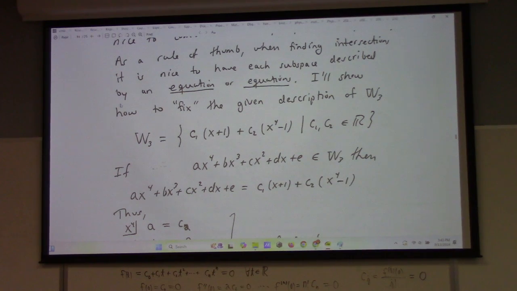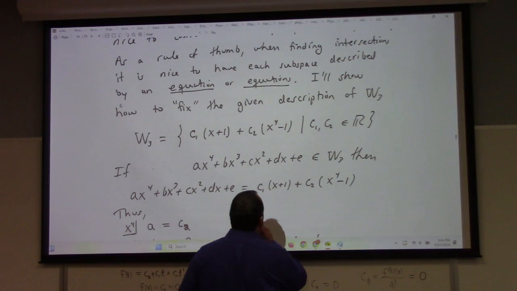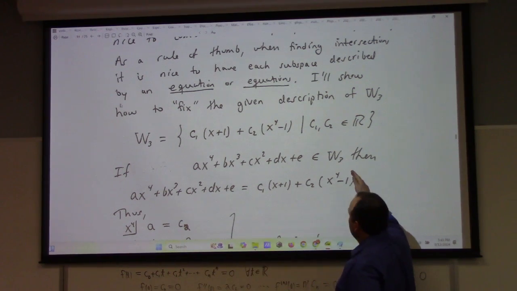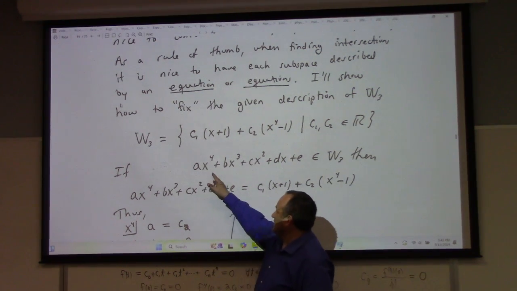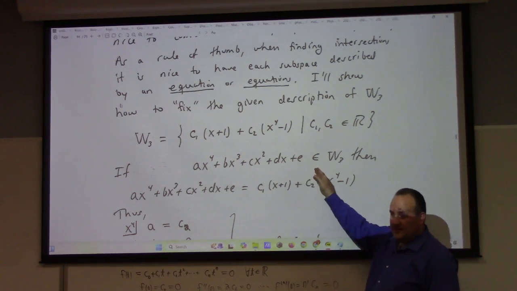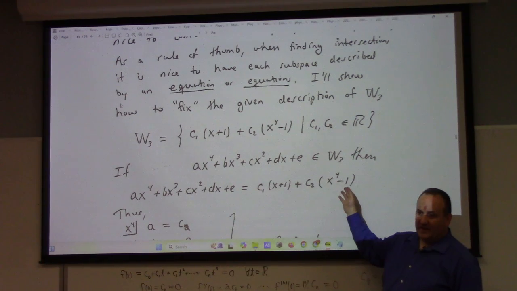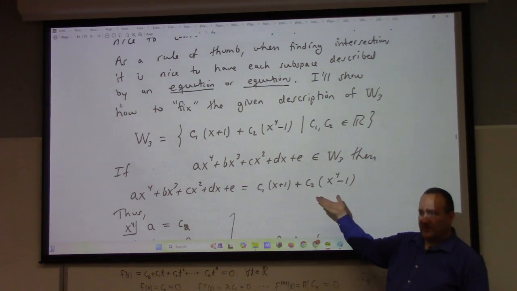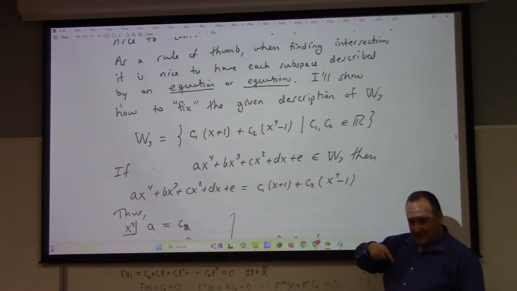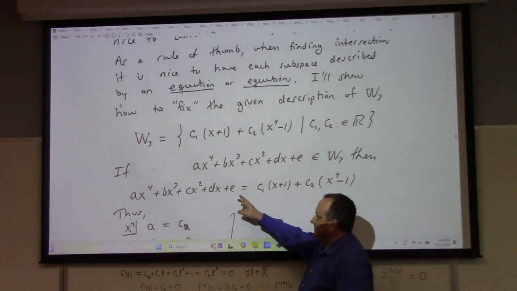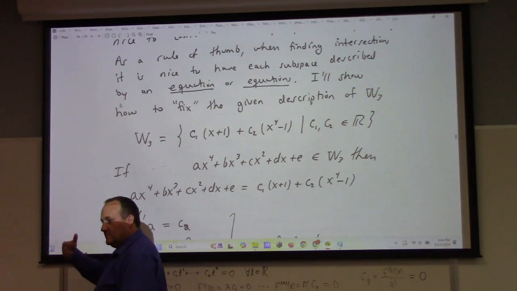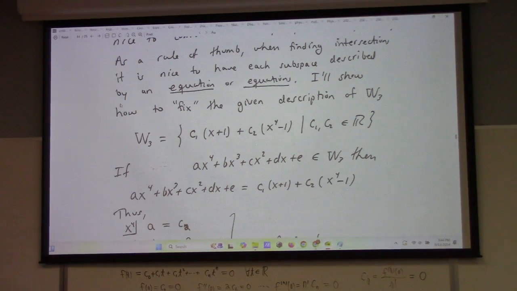So you know, my span W3 is a linear combination of these two guys. And so what that means is if I have an arbitrary element in W3 like this, A, B, C, D, E, it's got to be equal to C1 times that plus C2 times that, right? That's the structure. And then my goal is to find equations on A, B, C, D, E, which describe the span.